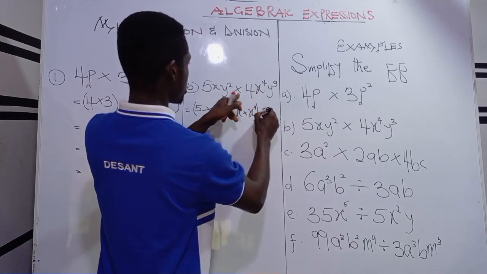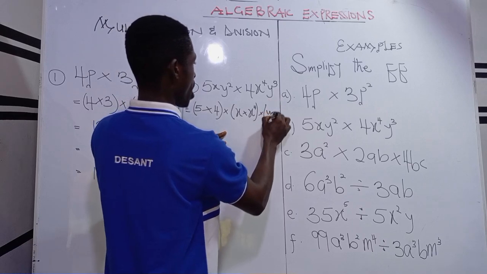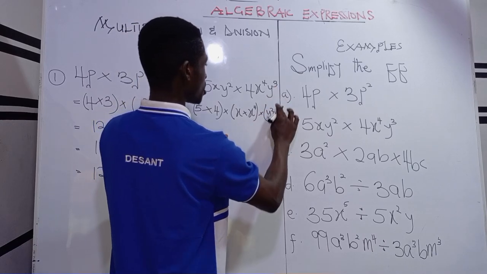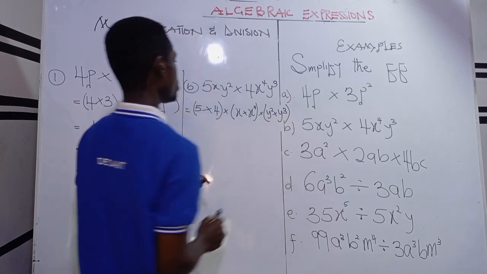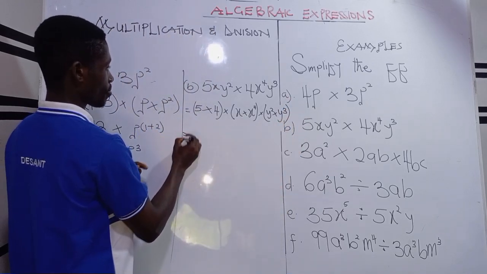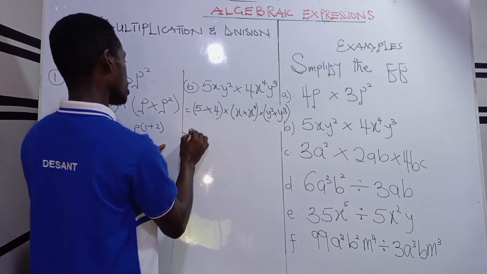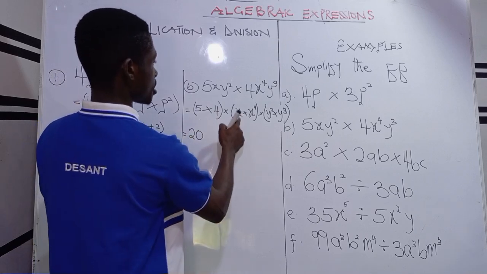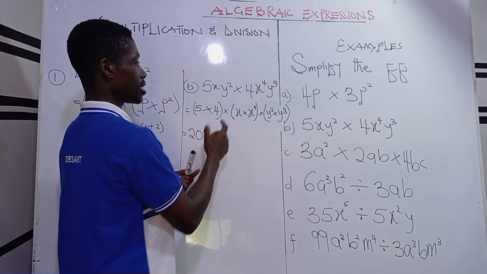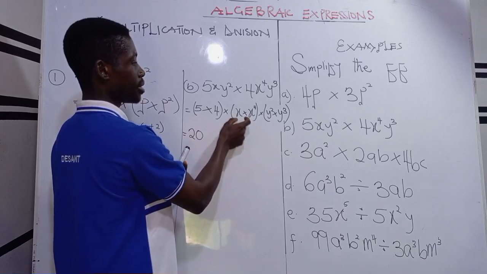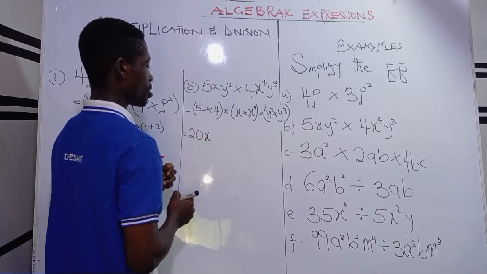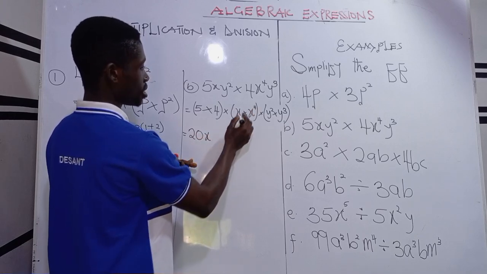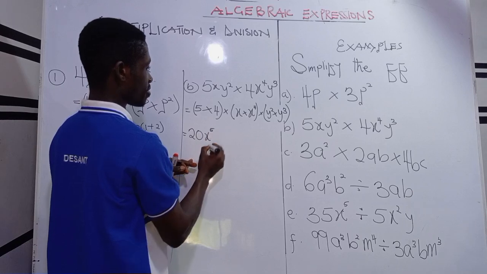And then we have y squared multiplying y power 3. So 5 times 4 gives us 20. Since these two letters or variables are the same and they are multiplying, in the indices we are going to pick one of the bases and then we add their exponents. 1 plus 4 gives us 5.